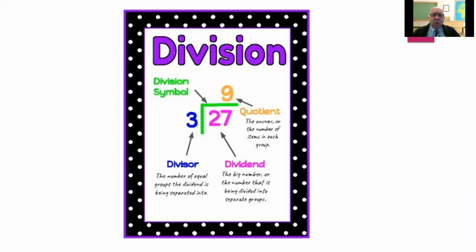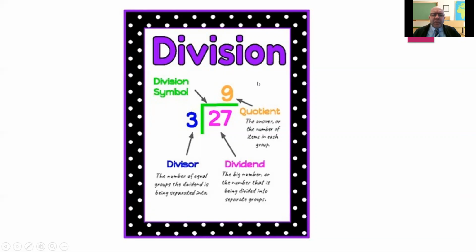But here's some key words and phrases. First of all, we've got the number that we're going to divide into, and this is called the dividend. It's usually the biggest number in the question. The number we're dividing into it is called the divisor. The answer is called the quotient. And then the bus stop is the division symbol.